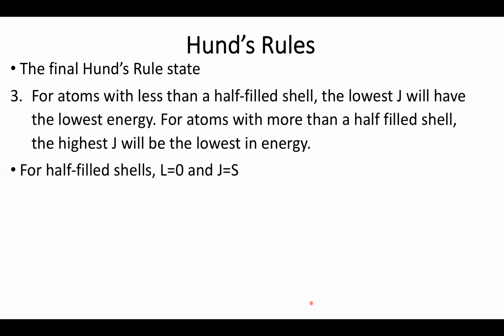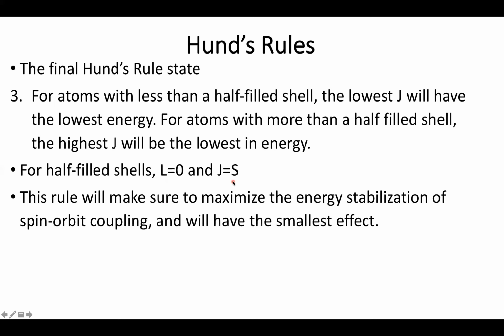The reason is that for a half-filled shell, I'll have equal amounts of electrons with orbital angular momenta pointed up and down, so they should cancel out, and I'll have an L value of 0. And in this case, due to Russell-Saunders, J equals S. So there is no choice at all for my J value.